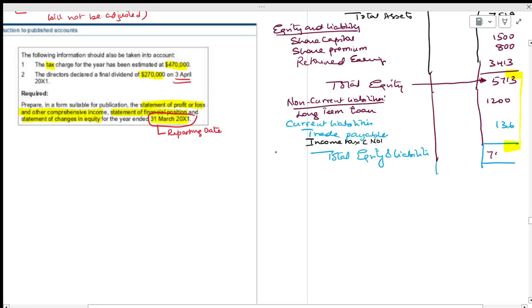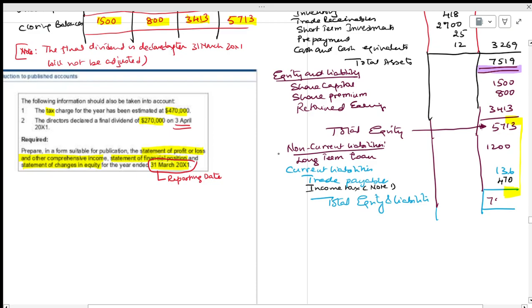Note 1. How much is income tax? 470, in thousands, okay? 470. Now tell me the total. 7,519. Good.